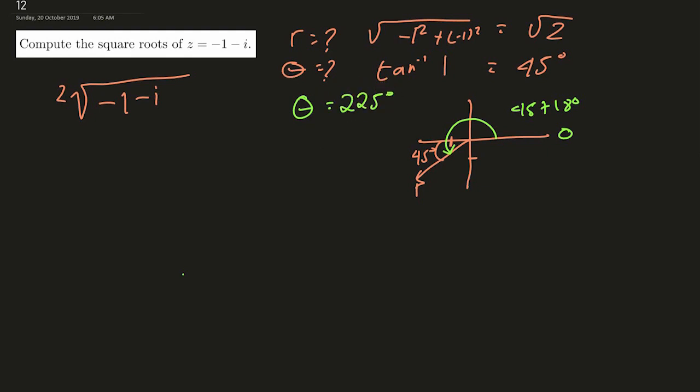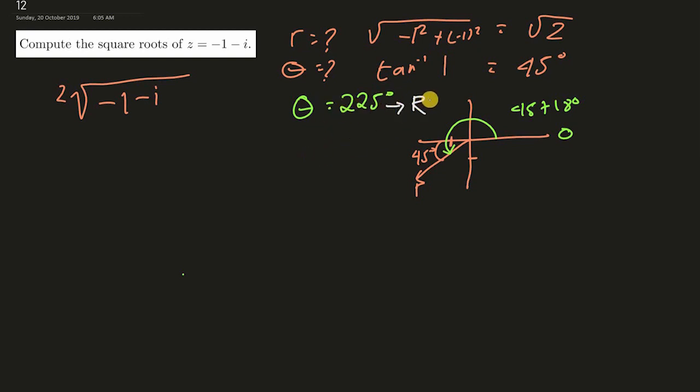Alright? So, can we now solve? Hindi pa, guys. We cannot yet solve for the roots kasi ang angle natin is nasa degrees. Always remember that when we are using De Moivre's formula, kailangan nasa radians po yung measurement ng angle natin.